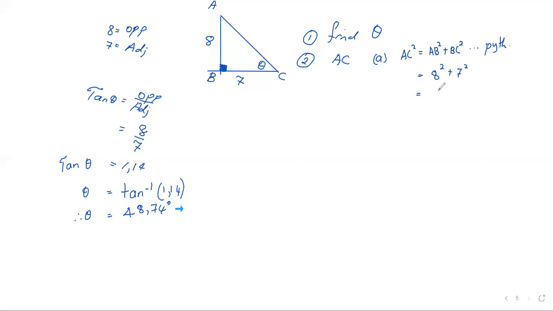8 squared is 64 plus 49. We have AC squared equal to 113. Therefore, for us to get AC, we square root both sides.